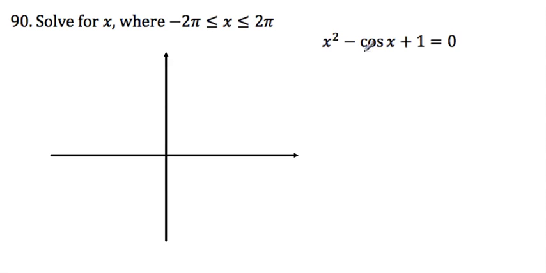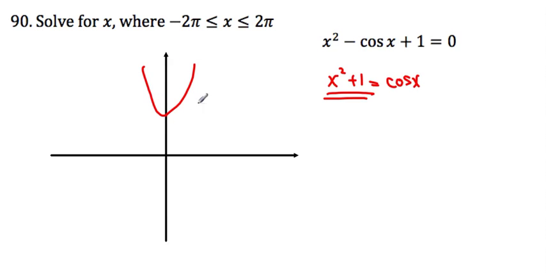So here, wait a minute. If I were to add cosine, then we can say that x squared plus 1 must be equal to cosine of x. So what if I were to sketch x squared plus 1? That's rather simple.